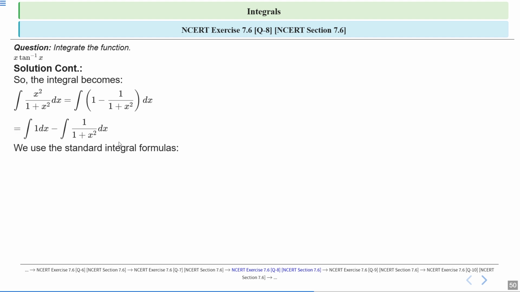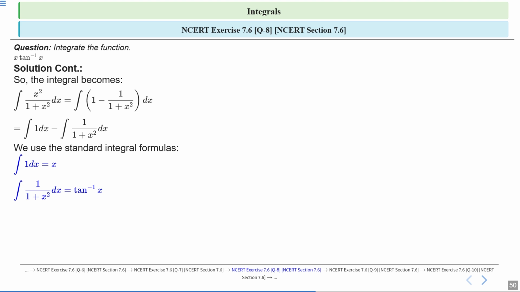So integration of 1 dx minus integration of 1 by 1 plus x square, that is a standard form, and we know the value of this integral. Integration of 1 dx is x and integration of 1 by 1 plus x square is tan inverse x. Integration and differentiation are inverse of each other. So we know that the differentiation of tan inverse x is 1 by 1 plus x square.